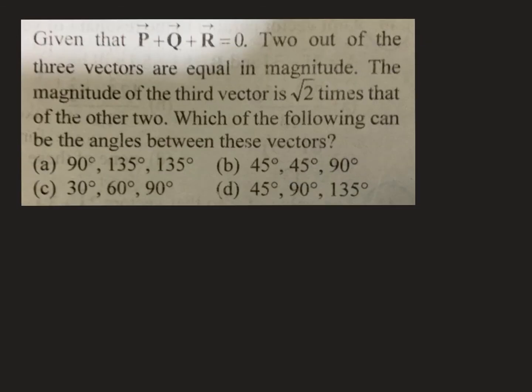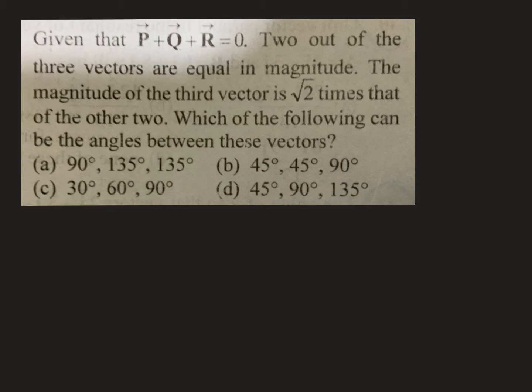Here it is given that P plus Q plus R equal to 0. Two out of three vectors are equal in magnitude. The magnitude of the third vector is root 2 times that of the other two. So obviously it is a right isosceles triangle.